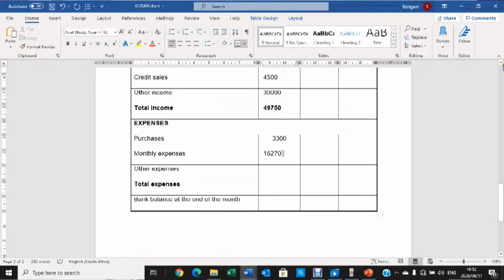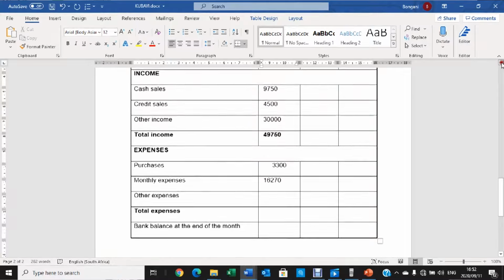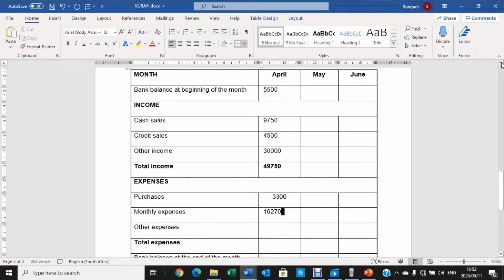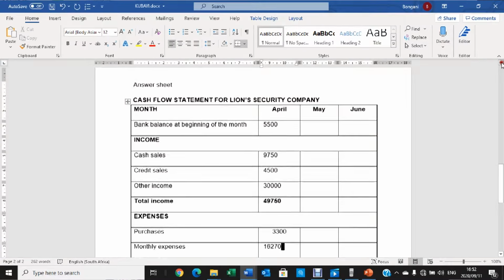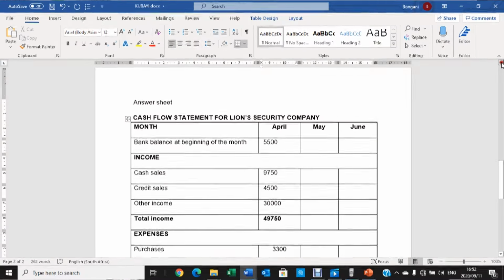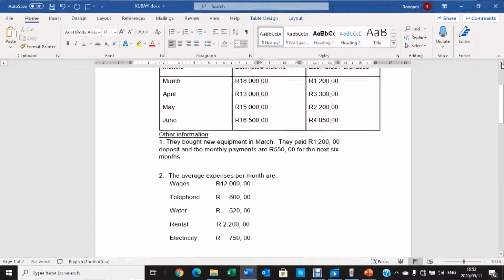Then we go back and check if there is any payment that the business is going to make in the month of April. And then let's go back to additional information number 1. It says that they have bought new equipment in March, wherein they have paid 1,200.